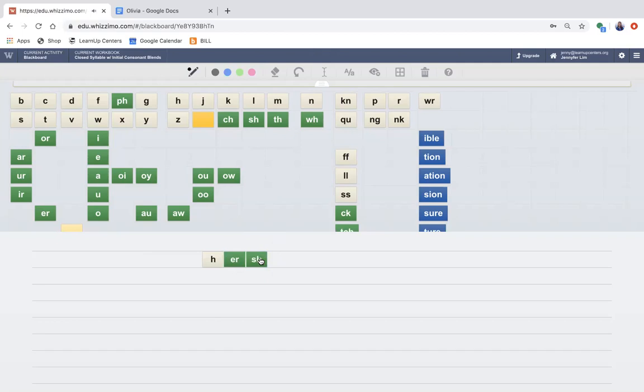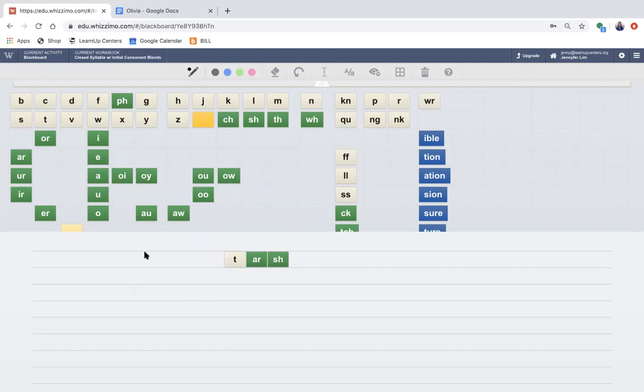What about harsh? You take out ER and put in AR. What does this say? Harsh. Next word I want is tarsh. You take out the H and put in a T. Good job.